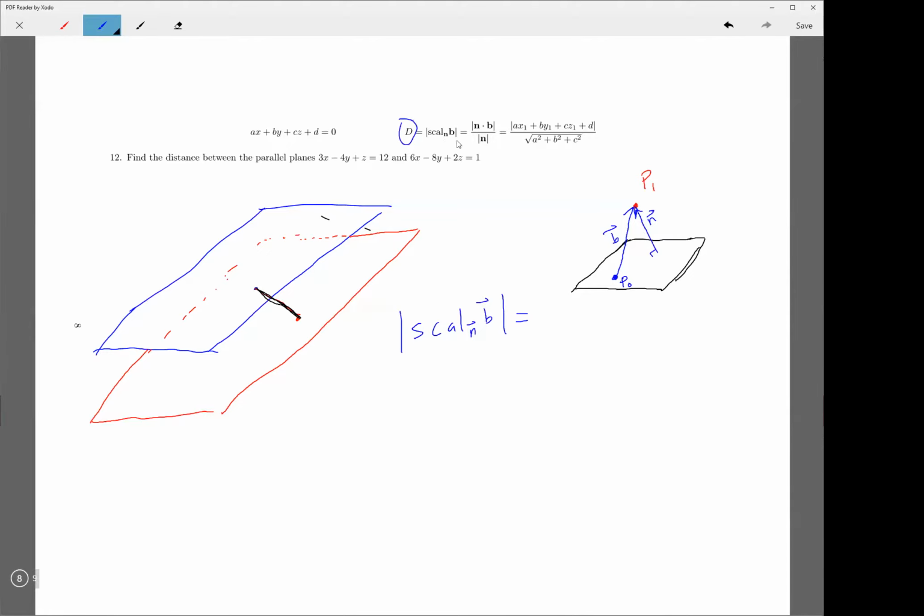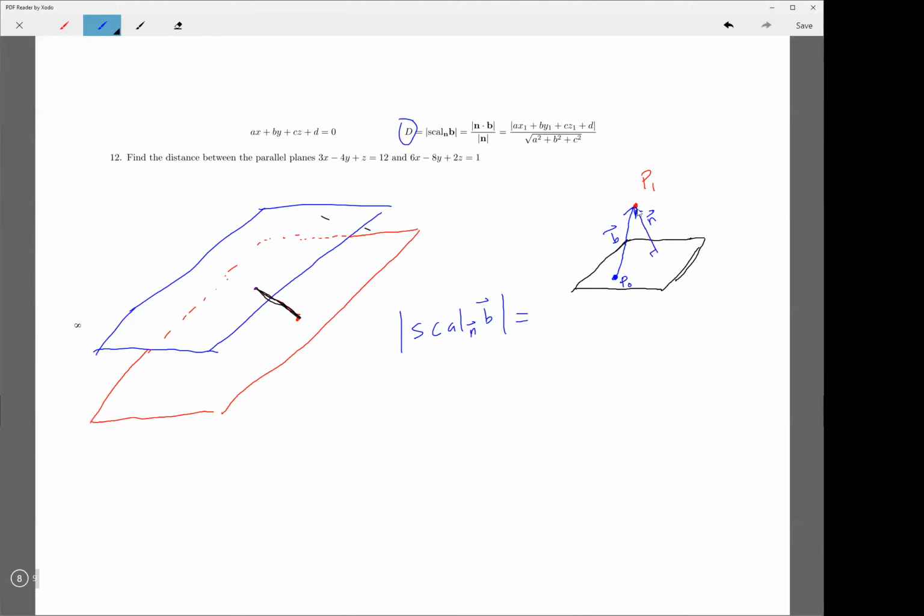So that's why the distance is the scalar projection of B onto N. Do you guys kind of see that? The projection of B onto N would just be this.